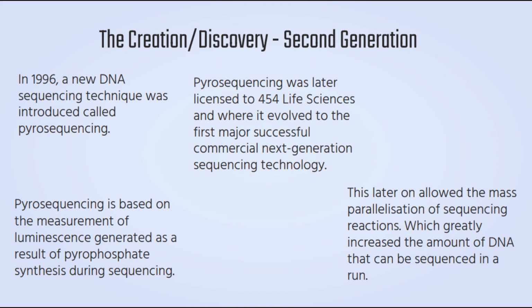It was based on the measurement of luminescence generated as a result of pyrophosphate synthesis during the sequencing. It allowed the mass parallelization of sequencing reactions, which greatly increased the amount of DNA that can be sequenced in a run.